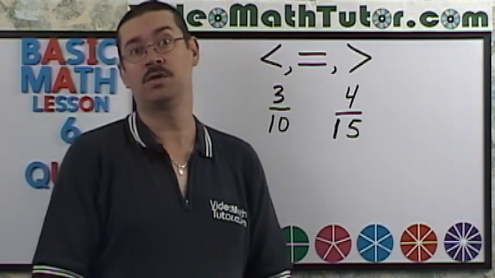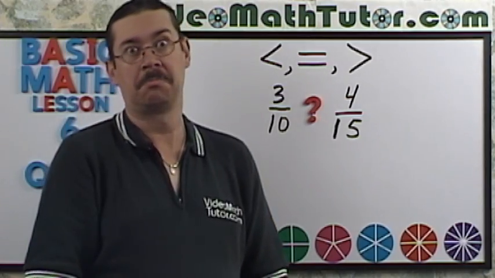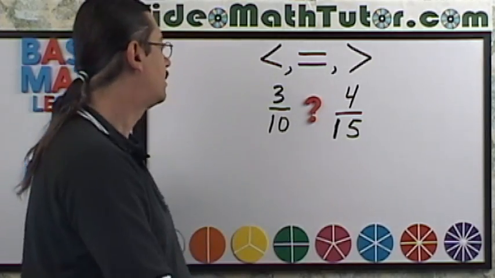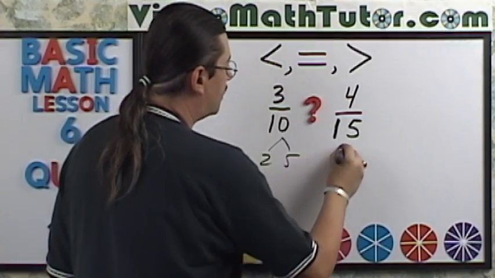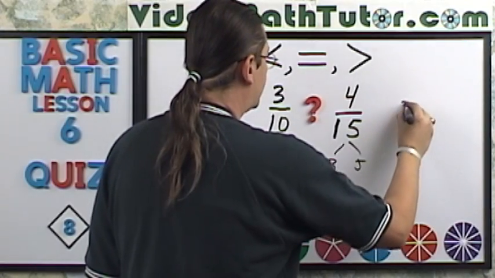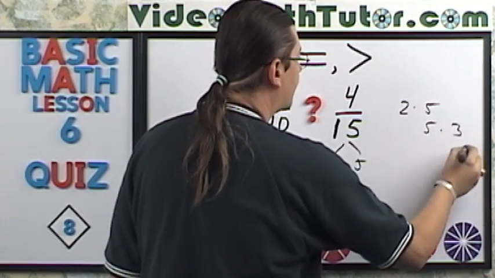Now I'd like to figure out which one is bigger or smaller than the other. Well, to do that, we need to get them both to have the same denominator. So let's do some factor trees. So I'm going to have 2 times 5. This is going to be 3 times 5. So doing the column approach, we're going to have 2 times 5. Here I'm going to have a 5 below here, and then 3 to one side.